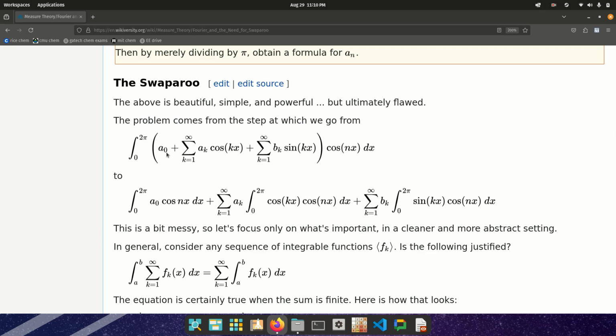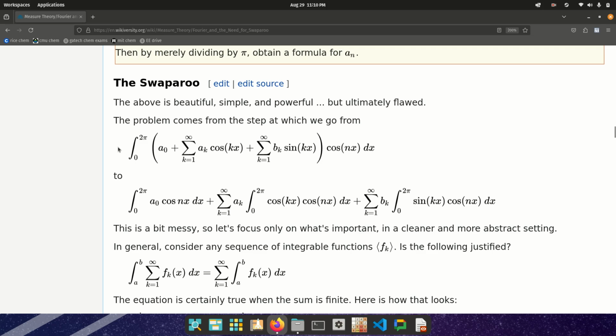If you think about going from here to the next step, all we do is distribute the cosine into the sums, and then we start distributing the integral also into the sums. And actually, so far as stated, up to that point, there is nothing wrong.